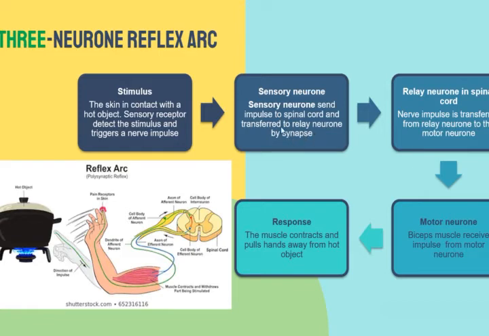Do you remember what a synapse is? It is a narrow gap between the two neurons. So I repeat here, the sensory neurons send the nerve impulse to the spinal cord and transfer it to the relay neuron in the spinal cord. And then what happens?